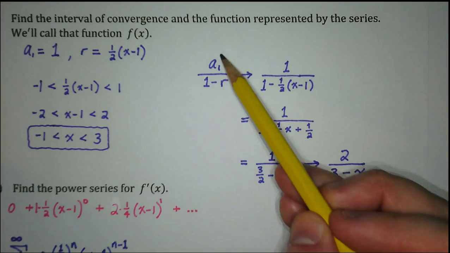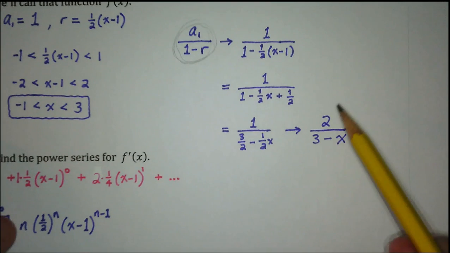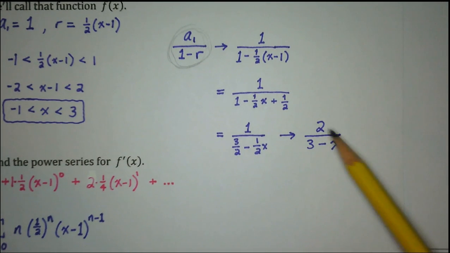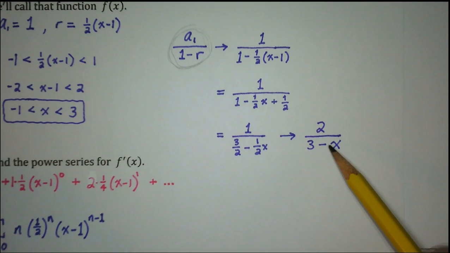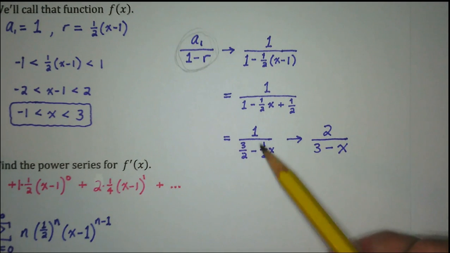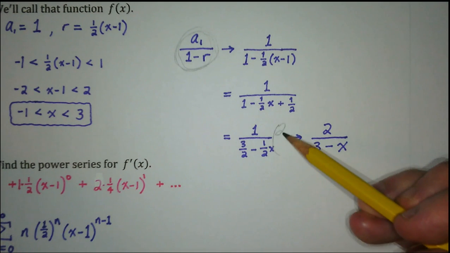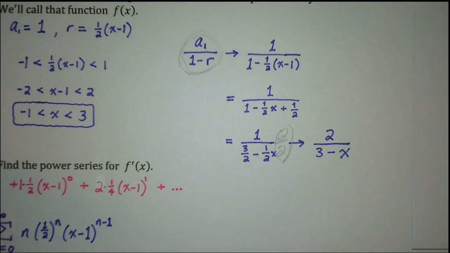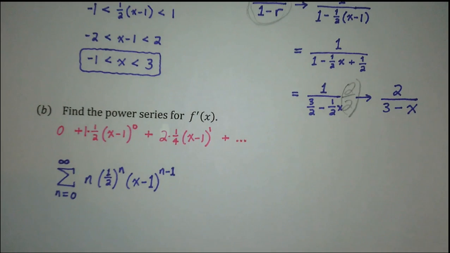And then using this as a format, this ends up being a good final function that it represents. And the last thing I did here was I multiplied top and bottom by 2. Hopefully you don't run into that too much here.